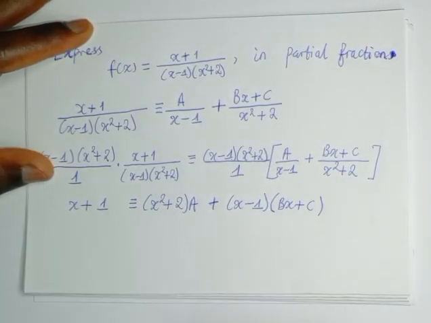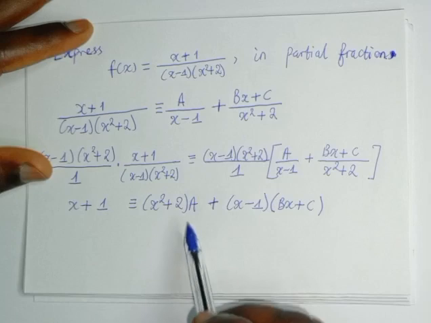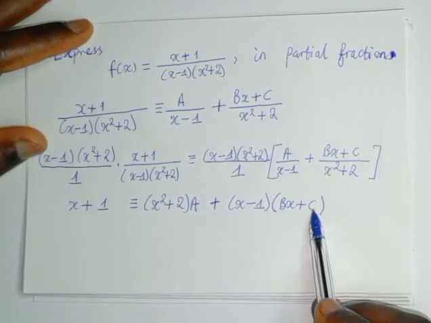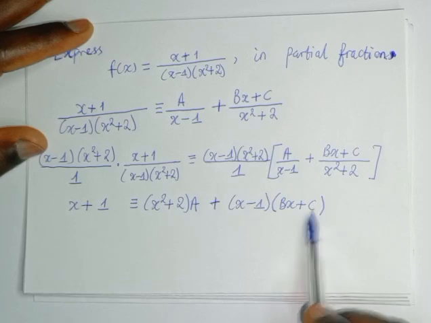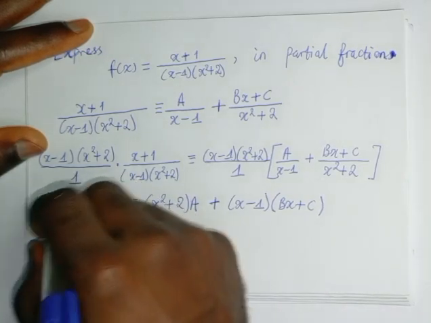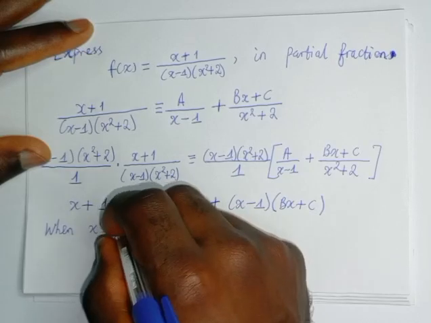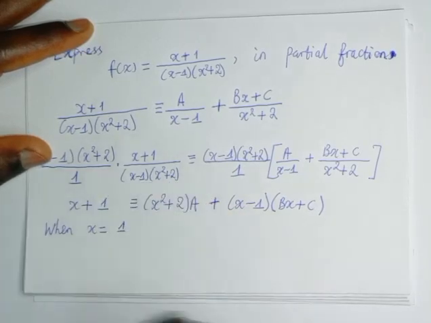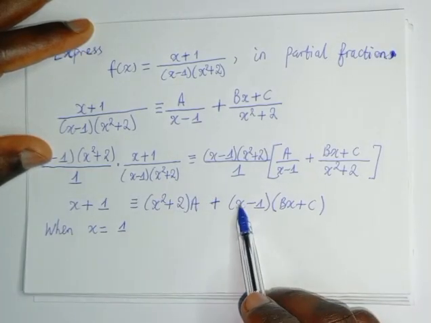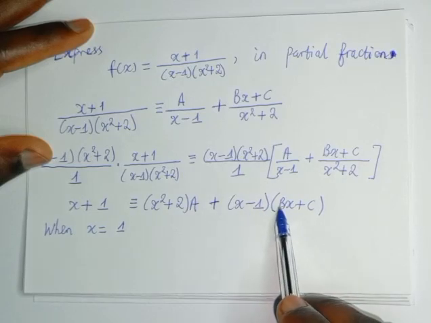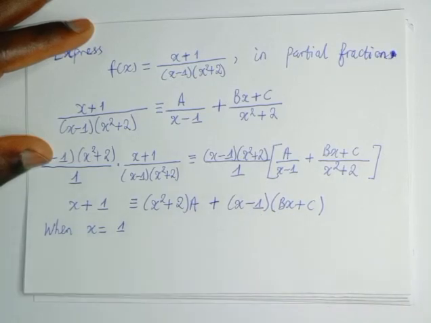The next step, we are going to find the values of the constants a, b, and c. First, when x is equal to 1, you see if you put x here as 1, this will give us 0. And 0 times all this goes to 0.